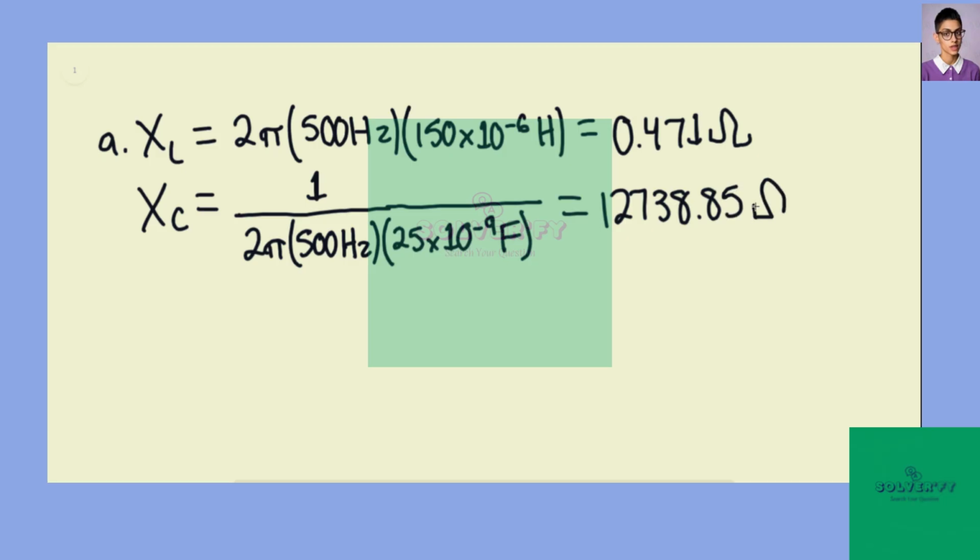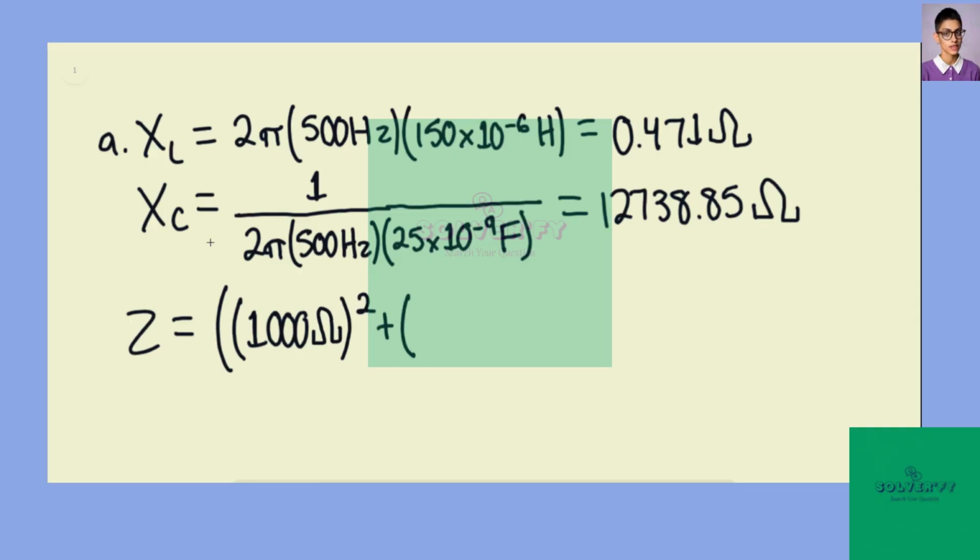12,738.85 ohms. And we can then say that the impedance Z would be equaling the resistance squared, so 1 kiloohm or 1,000 ohms, quantity squared, plus the difference between the inductive reactance, 0.471 ohms, minus the capacitive reactance, 12,738.85 ohms.